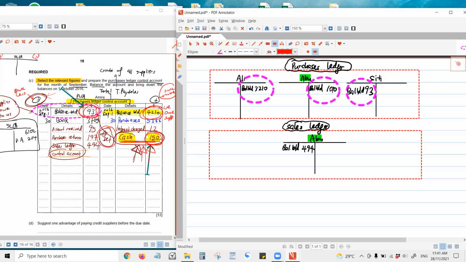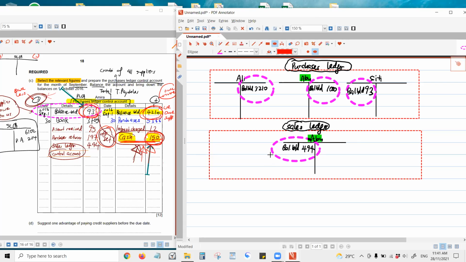That's why some exam questions may ask you, why can you have a debit balance in purchases ledger control account? So you may say, probably we have overpaid the supplier. And for this one, 494, we buy and sell from one another.